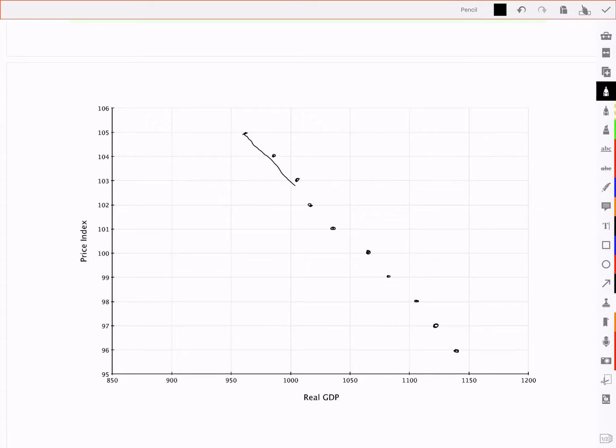So if we connect those dots, there we have aggregate demand.